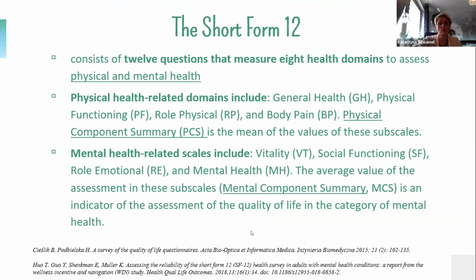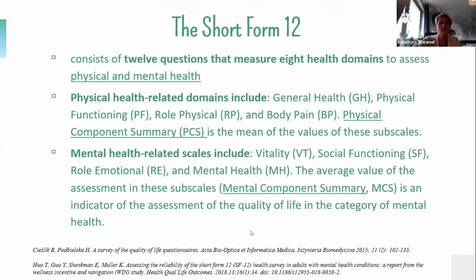Next is the Short Form 12. It consists of 12 questions that measure 8 health domains, and the main indicator is the physical component summary, and the second is the mental component summary indicator.